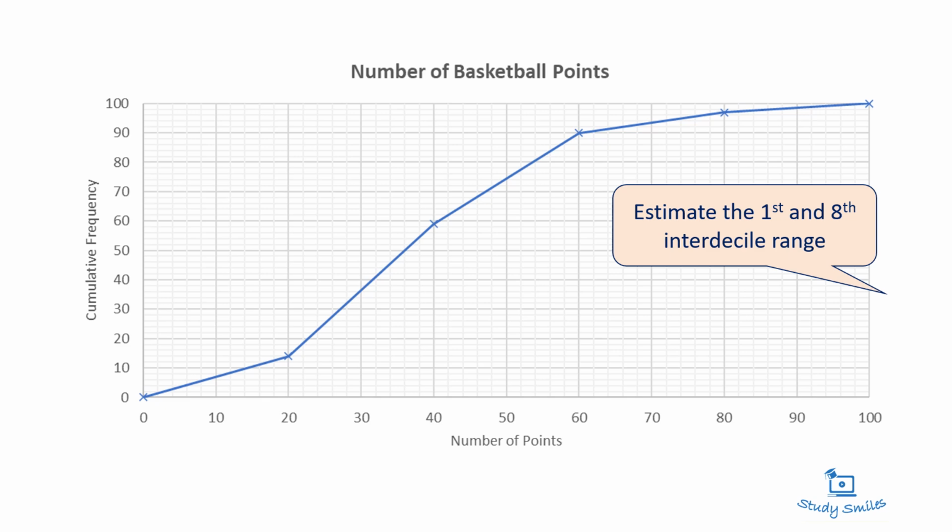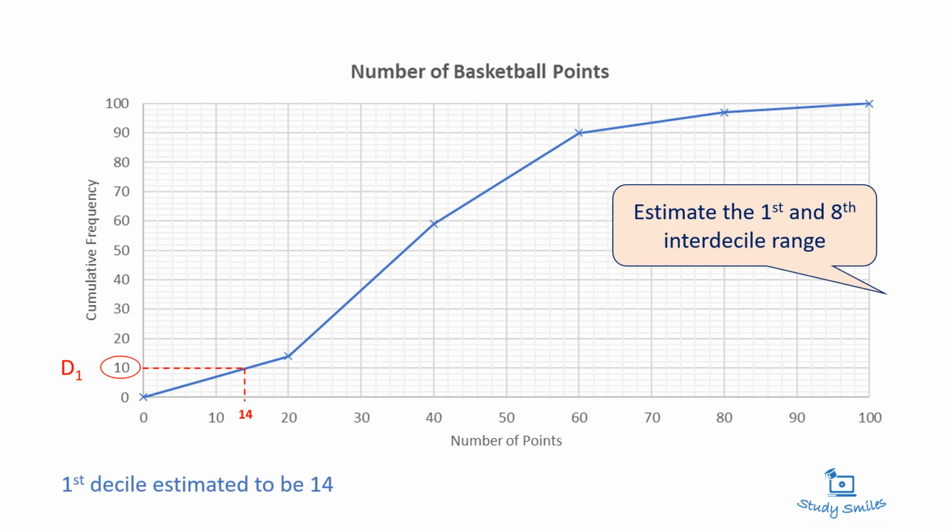Now, our example question asked us to estimate the 1st and 8th interdecile range. So we first need to estimate the 1st and 8th deciles from this chart. To do this, it's the same as we saw in the previous lesson for finding the quartiles on a cumulative frequency chart. The first decile is equivalent to 10%. So we find 10 on the cumulative frequency vertical y-axis, then draw a line across until we meet the cumulative curve. Then draw a vertical line down until we reach the horizontal x-axis.